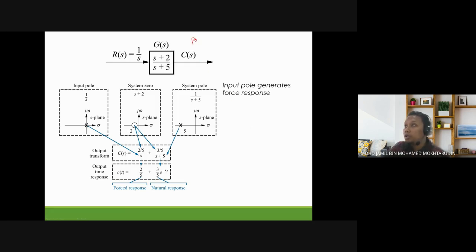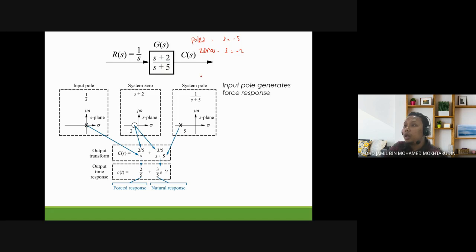The pole is s equals -5, the value of s when the denominator becomes 0. And the zero is s equals -2, the value of s when the numerator becomes 0.